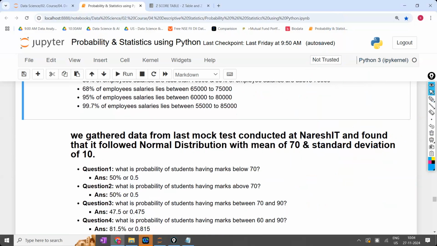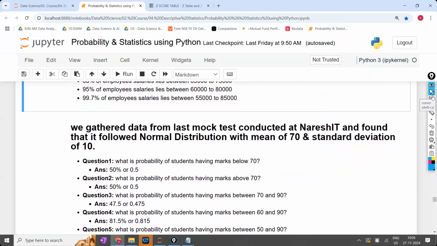Right? Next, last question. What is the probability of marks between 50 and 90?